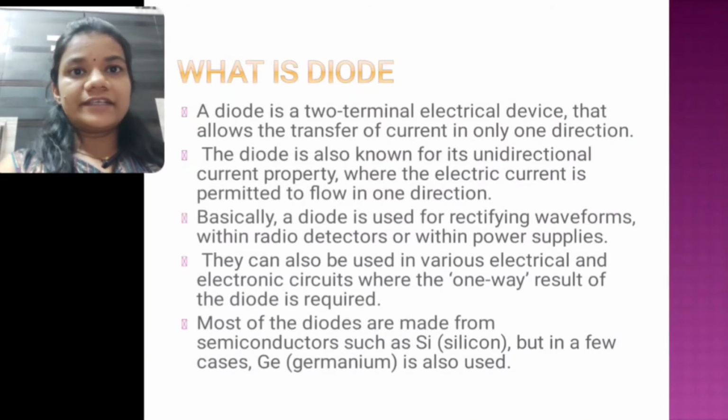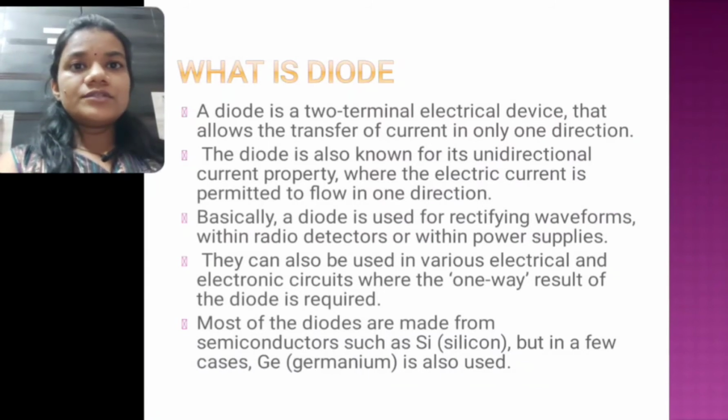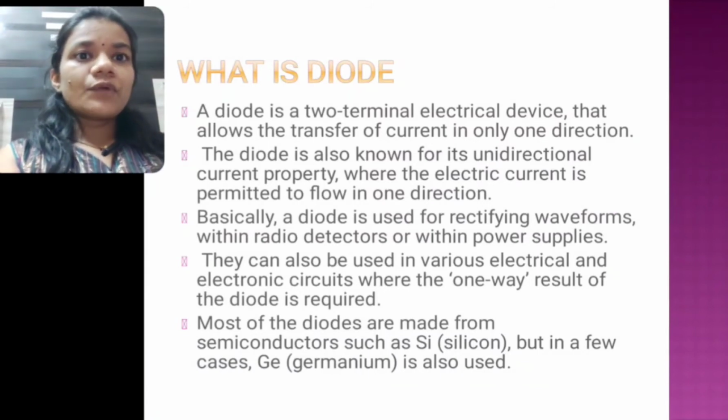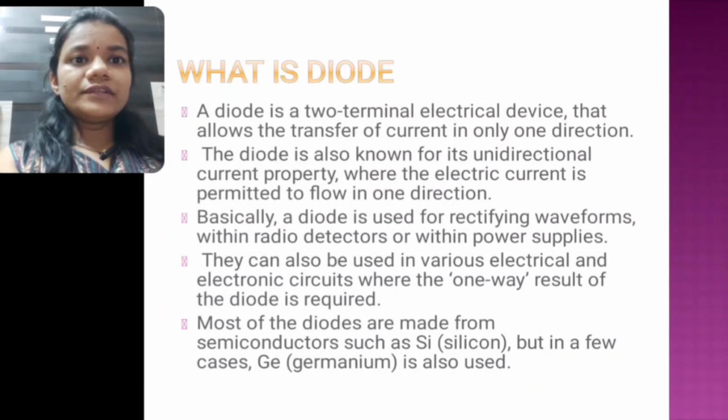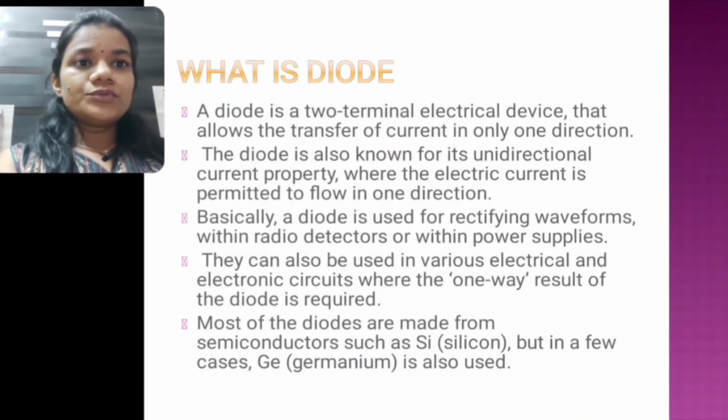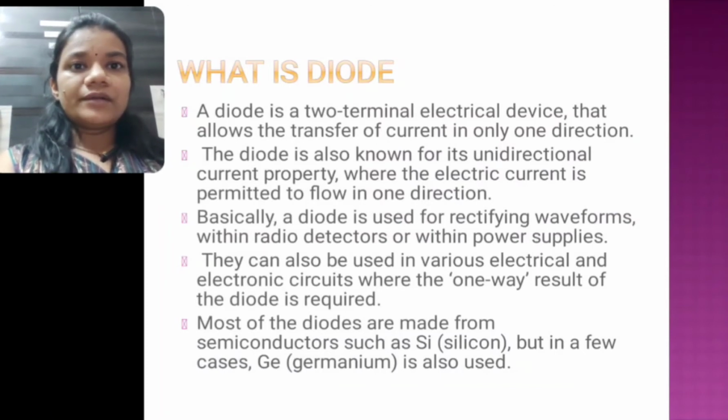Just now I said that we are going to see in this unit rectifiers and then filters. So a diode is used for rectifying the waveform, with radio detectors and within power supplies. They can also be used in various electrical and electronic circuits where the one-way result of a diode is required.